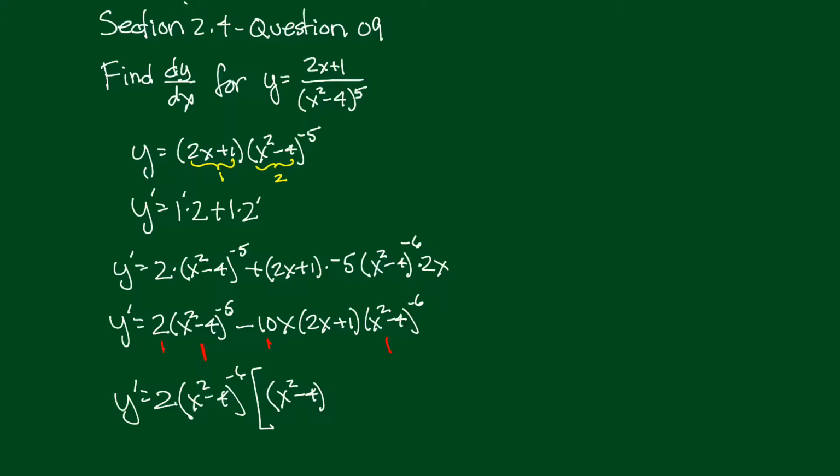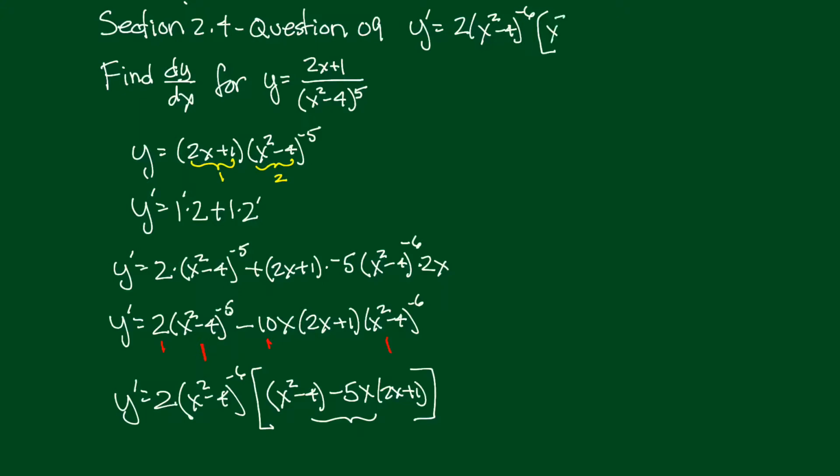And then, over here, there was negative 10. I took out a 2, so there's a negative 5 left, and the x, and the 2x plus 1. And what about here? Well, we took it out. So we've got our factored form. Now we're just going to fix up that inside. So y prime is 2 quantity x squared minus 4 to the negative 6. And what do we have in here?